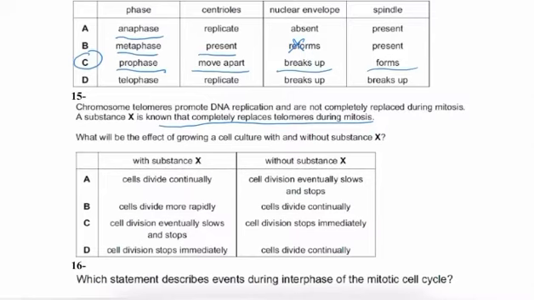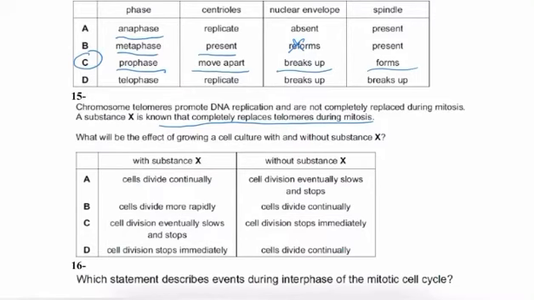So they're talking about a substance X which will replace the telomeres, which will prevent the telomeres from shortening. And if the telomere does not shorten, the cell can divide an unlimited number of times. Whereas if the telomeres are shortening, there will be a time when the cell will stop dividing because the telomere will finish and the cell does not want to lose its vital genes.